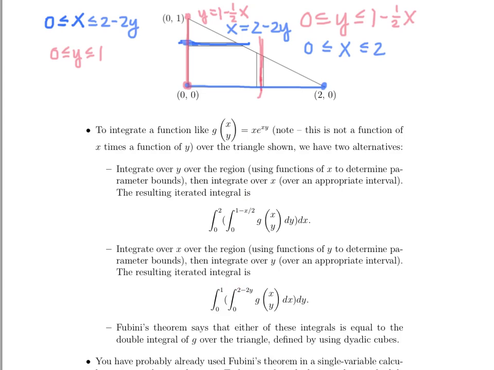Sometimes you'll be given a region that's drawn for you or described, and you have to come up with the bounds yourself. Sometimes you'll be given something like this, and you should go in reverse order in this case. You should look at, okay, if this is dy, these are the bounds for y, and so I can write an inequality like this. I'm going to do this line and then this line, and then I want to take a look at the bounds for x, which are 0 to 2, so that's going to fill in the shapes that I have there.